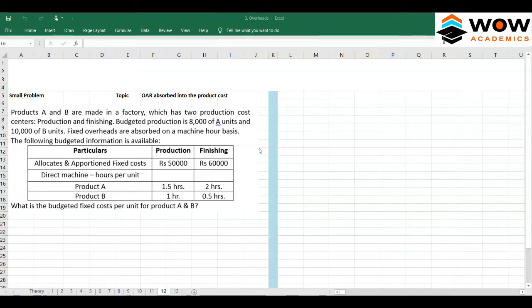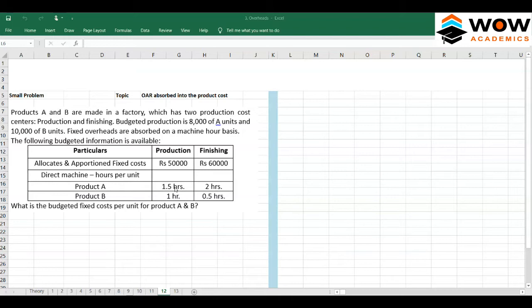So we'll solve this sum. What this question is asking is that products A and B are moving through two production processes. A spends 1.5 hours in production and B spends 1 hour in production. So they are spending this per unit. We have to find out the total number of hours both these products spend in the production department.